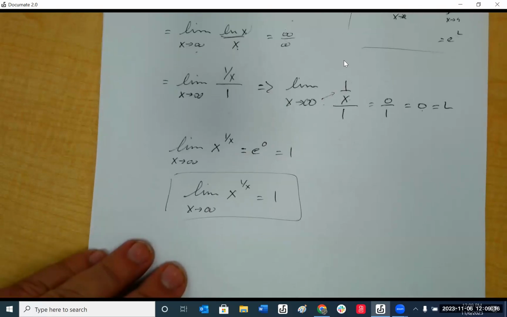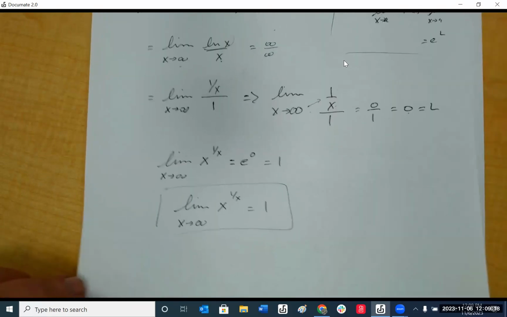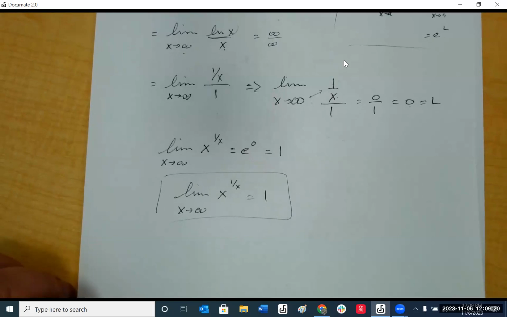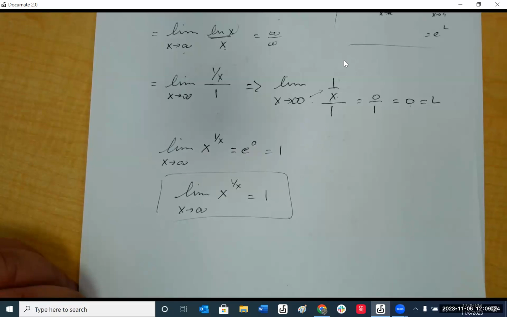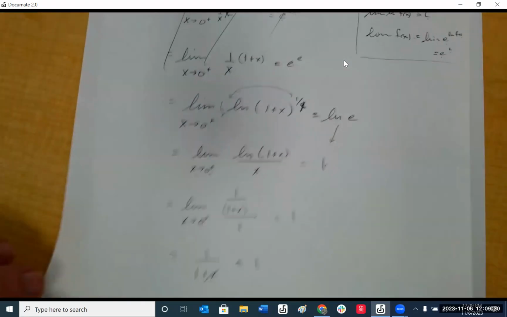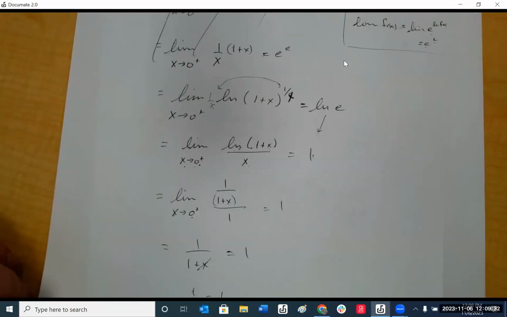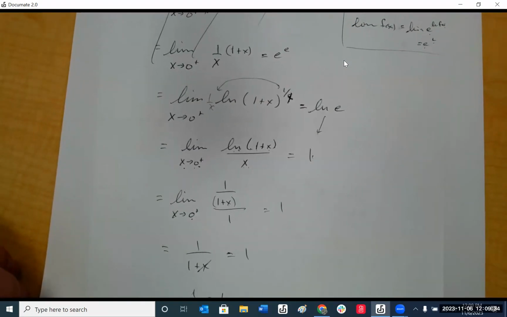Okay, so in this, yeah, we actually did find it. It's 1. Yeah. Okay. All right, so that does it for that section.